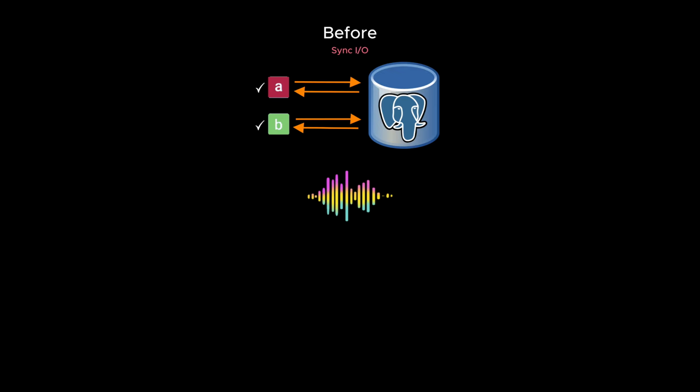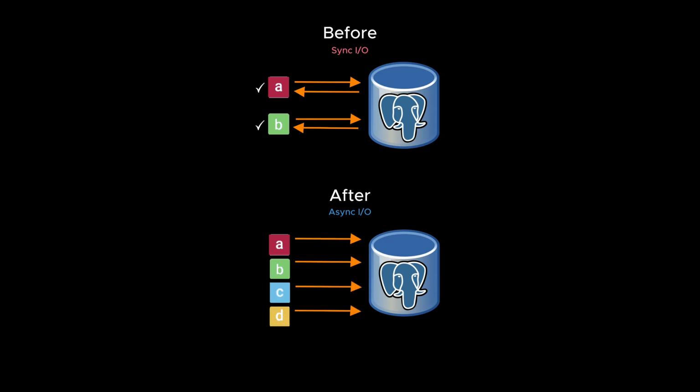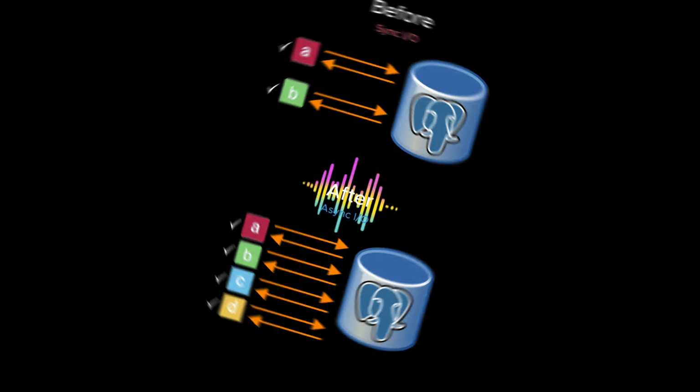Now, with async I/O, powered by Linux io_uring, Postgres can queue multiple reads in parallel, like this. Result? Up to 3 times faster sequential scans and smoother autovacuum performance. No config change needed. Just upgrade to version 18 and enjoy the speed.